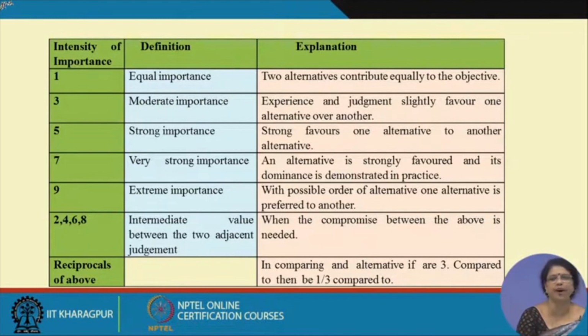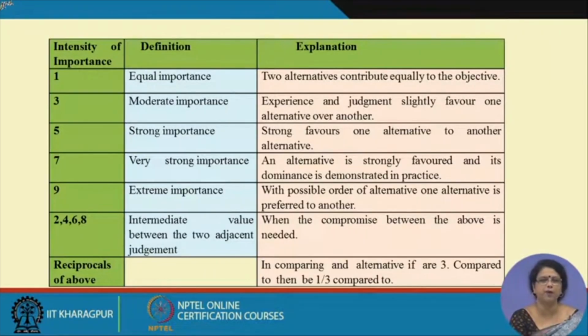The whole scale has been provided by Professor Shetty only. He has said you ask everybody to give the option from 1 to 9, where 1 means this, 9 means this, and intermediate values mean this. And there is another option, the reciprocal. For example, A is strongly preferred than B, give the option as 5.